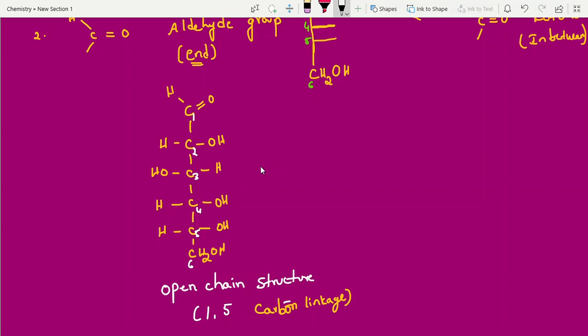Can you write this one, students? Look into this. CHO, this hydrogen goes here, and the rest remains as it is, no need to change. Second carbon and hydrogen, this is also hydrogen, hydroxyl group and hydroxyl group, hydrogen.